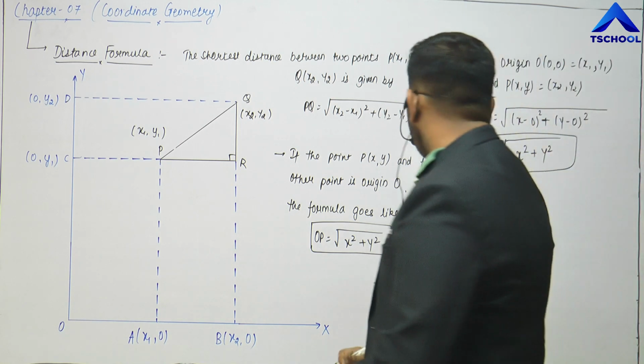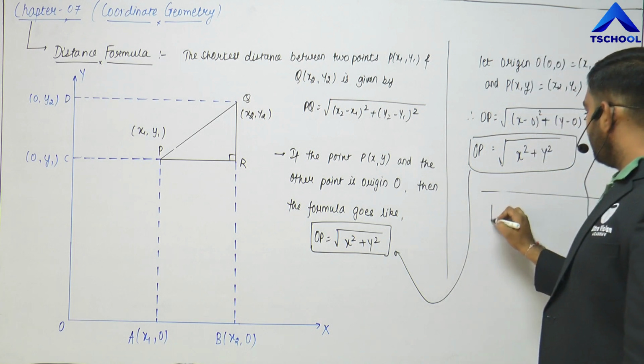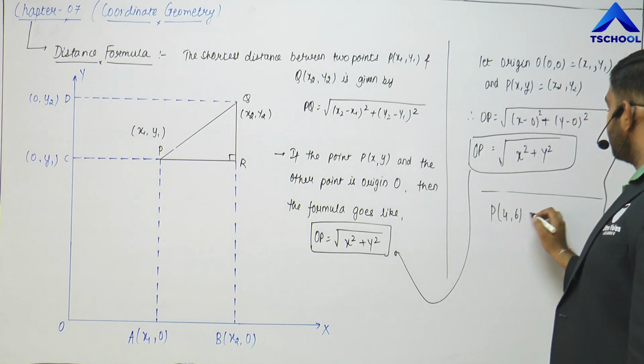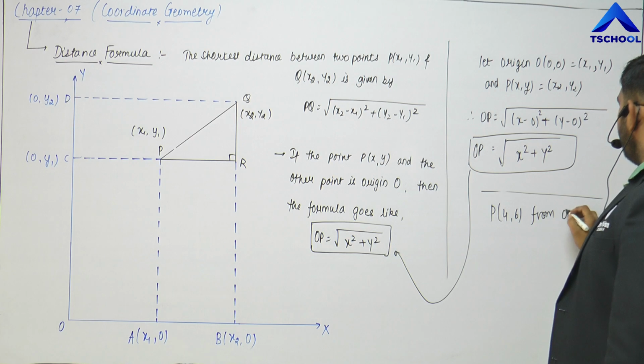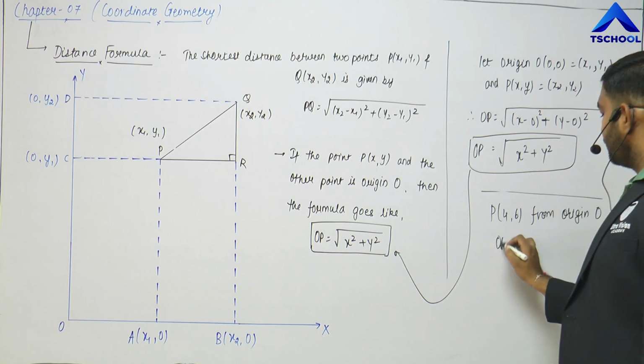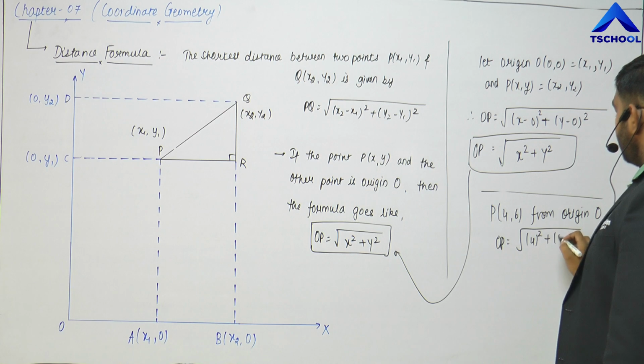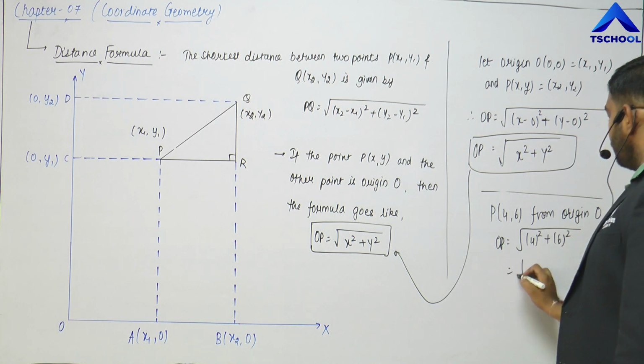So if, for example, I say find the distance of the point 4 comma 6 from origin, then the distance OP will be written as square root of 4 square plus 6 square. What is 4 square?